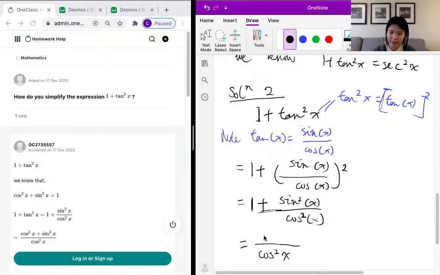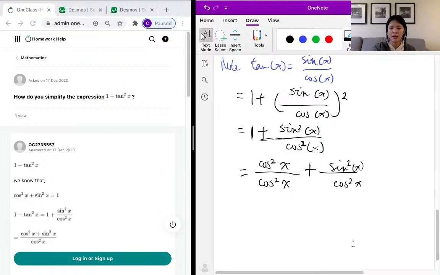It is actually quite straightforward, because we know that cos squared x over cos squared x is 1, because any number over itself has the value of 1. So we just have cos squared x over cos squared x, which has the same value as 1, plus sine squared x over cos squared x.